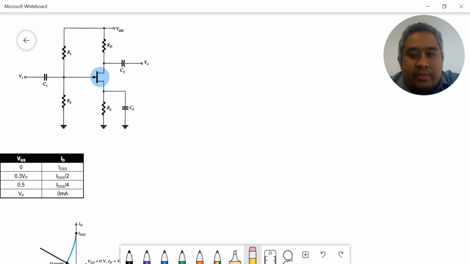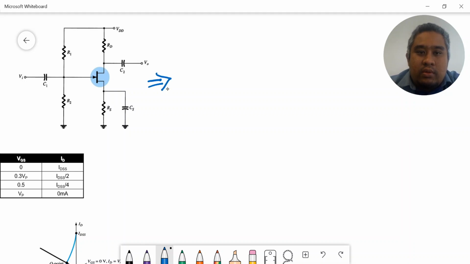What you need to do is apply the rule. What is the rule? As we know, our IG equals 0 amp.